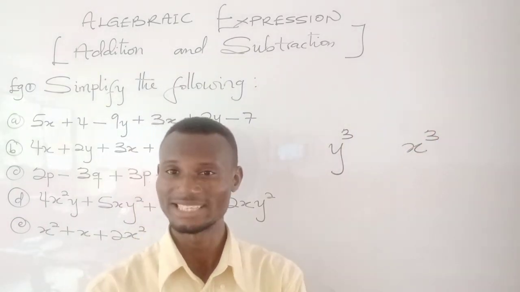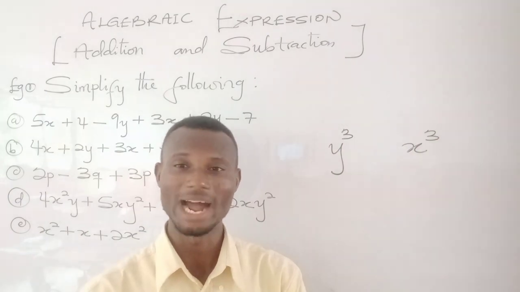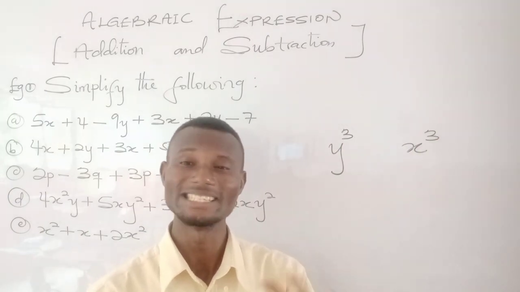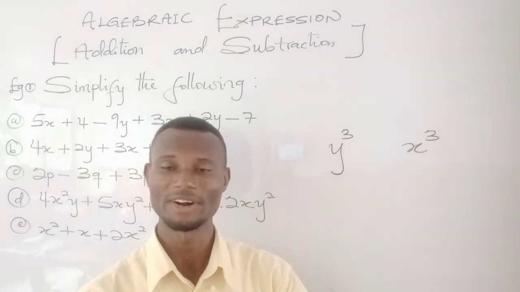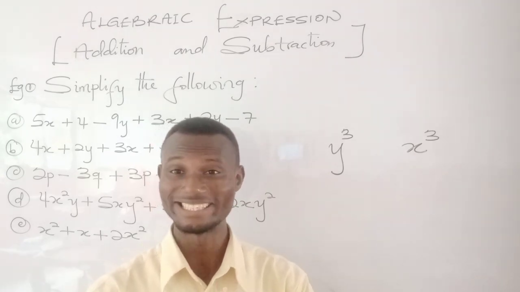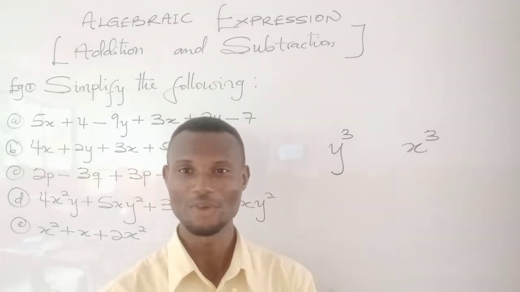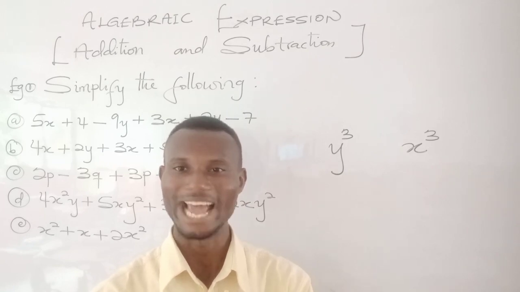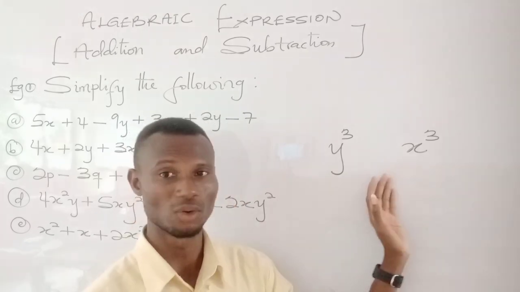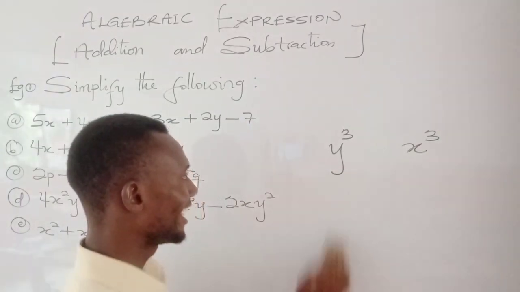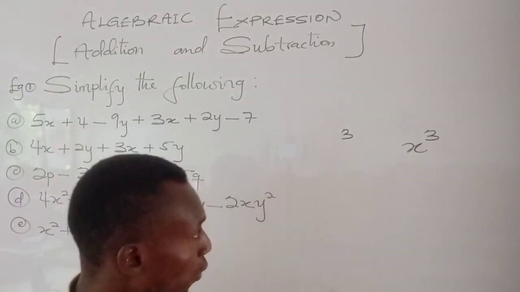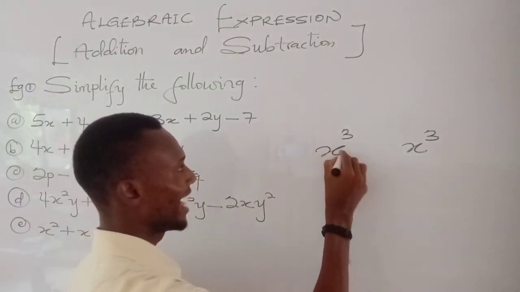For us to consider any variable being like terms, it means that the variables have to be the same, and also the variables need to have the same power before we can consider them as like terms. Okay, so this is not like terms, unless I change this y to s.